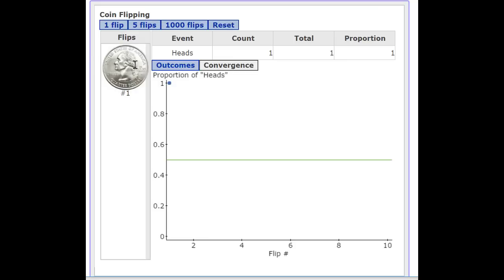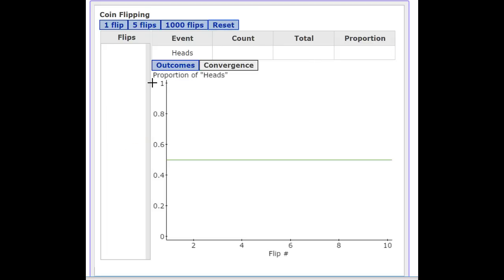It keeps a running total, so we flip it again, and now we've flipped it twice, and both times we got a heads.